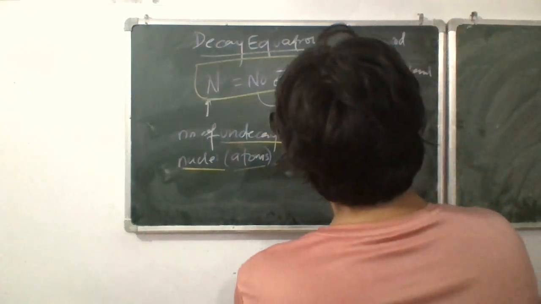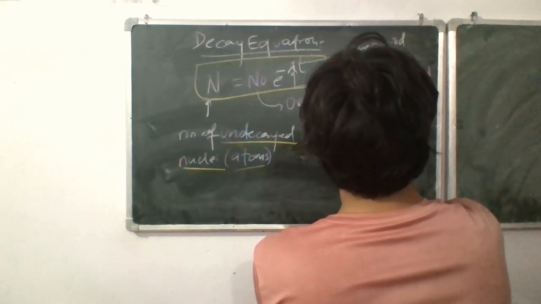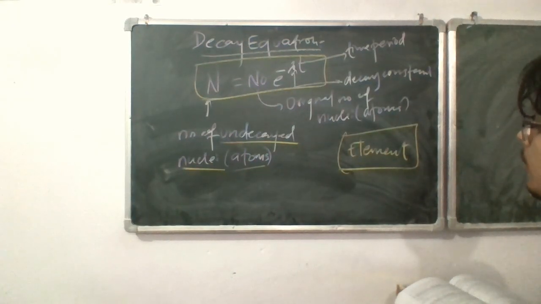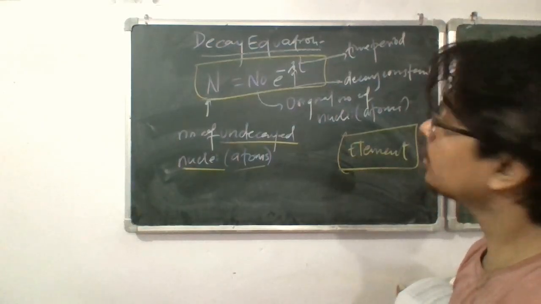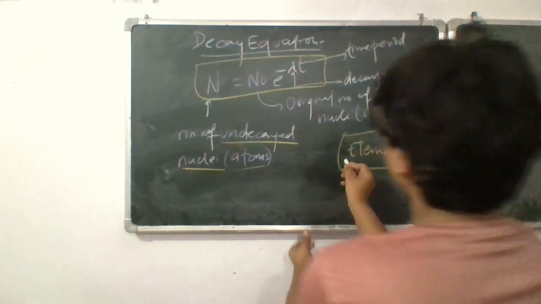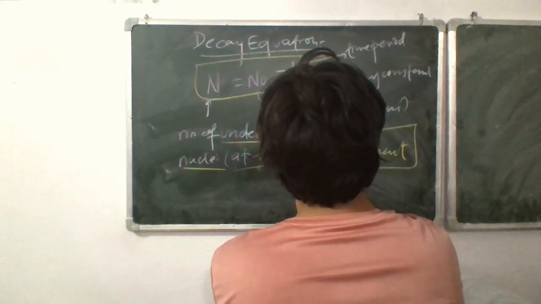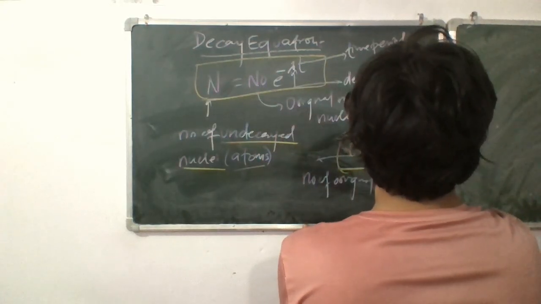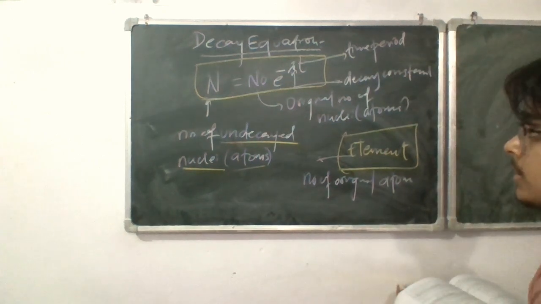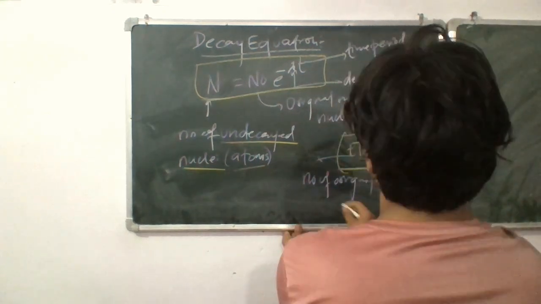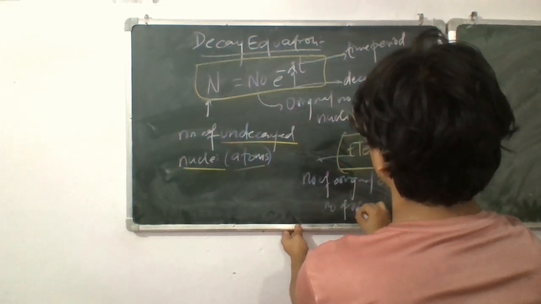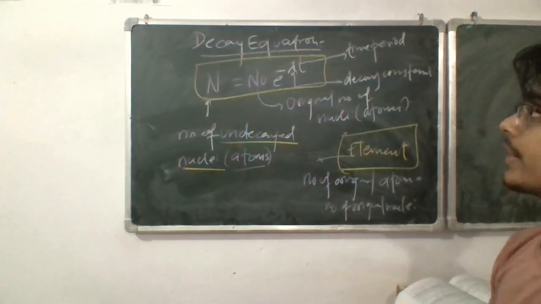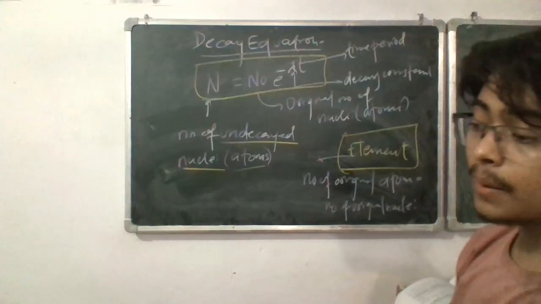Because we are just taking a sample of a radioactive element, and by using Avogadro's number, we can know the number of original atoms in that element, and that means this is also equal to the number of original nuclei before any kind of radioactive process.